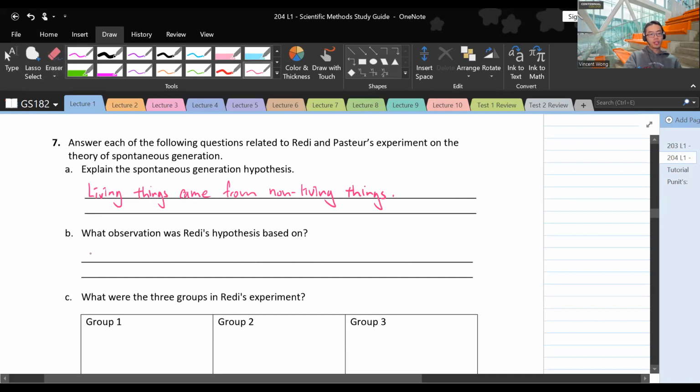What observation was Redi's hypothesis based on? It's basically what I just said. When a piece of meat is left outside on a hot summer day, for example, flies and maggots will appear on the meat.